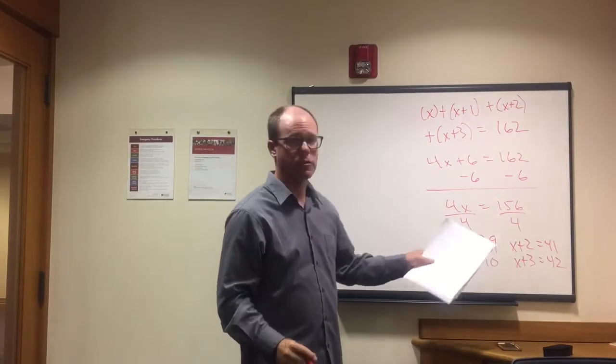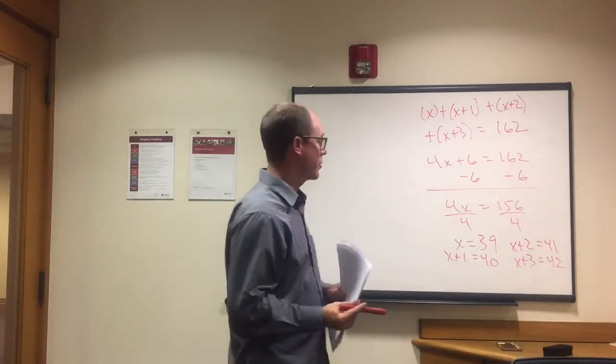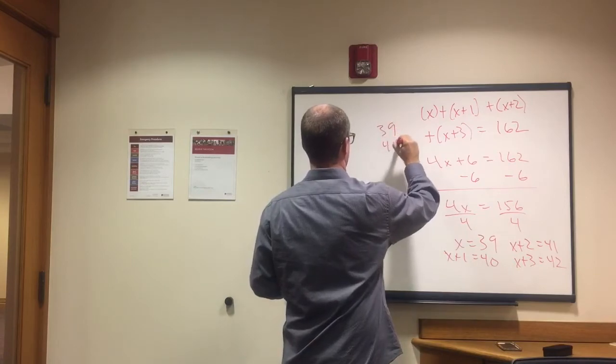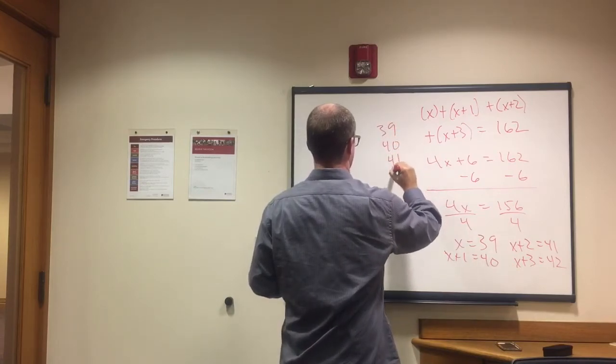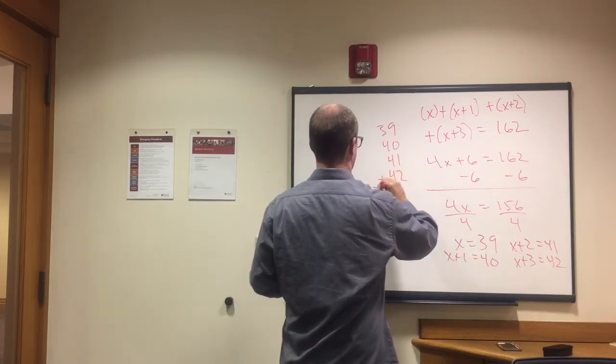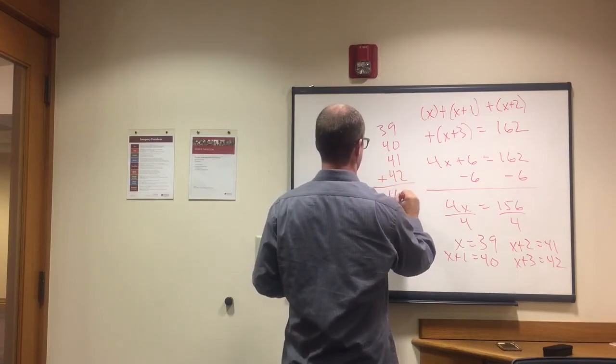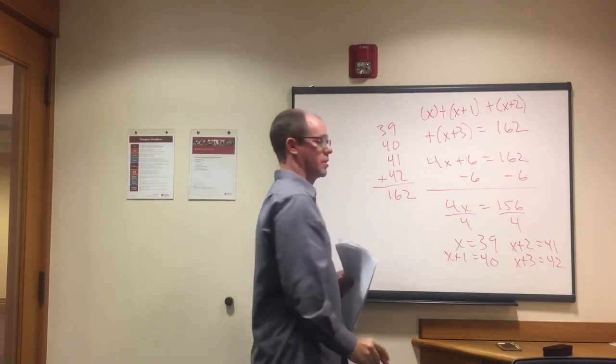Okay, so there's our 4 consecutive integers. And then if you want to back check it, you just go 39, 40, 41, 42, add those all up, and we will get 162.